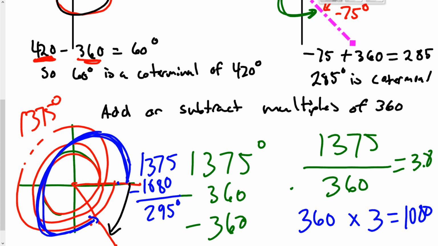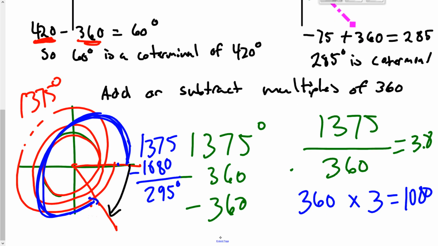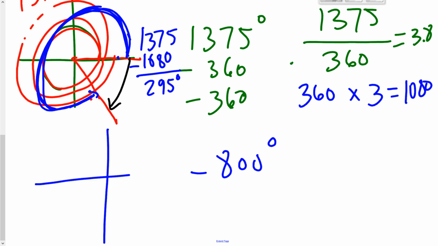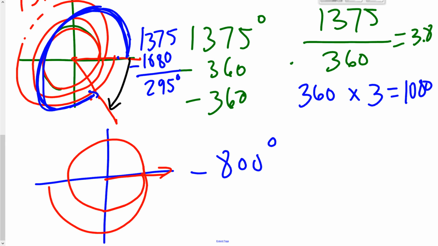Okay, what about if it was negative? If it was negative, it'd be a little bit different. So here, say negative 800, we want to find the least positive measure. Negative opens this way, so one rotation would be 360, another one would be 720, and then a little bit more, 80.